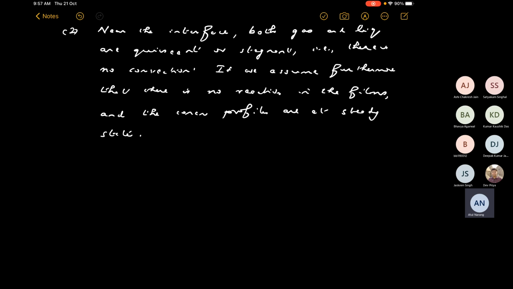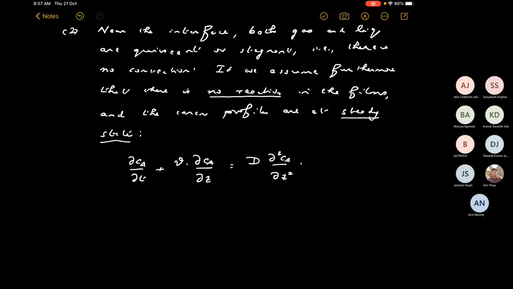But for the time being, if we assume furthermore that there is no reaction in the film and the concentration profile is at steady state, then from transport phenomena, if it's one dimensional flow, let's say, this is dCA/dt equals D times d squared CA/dz squared plus some reaction term.